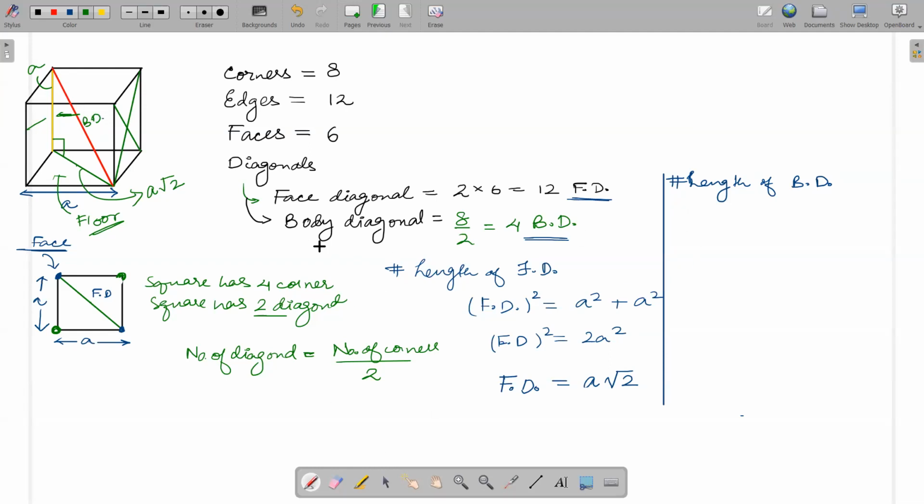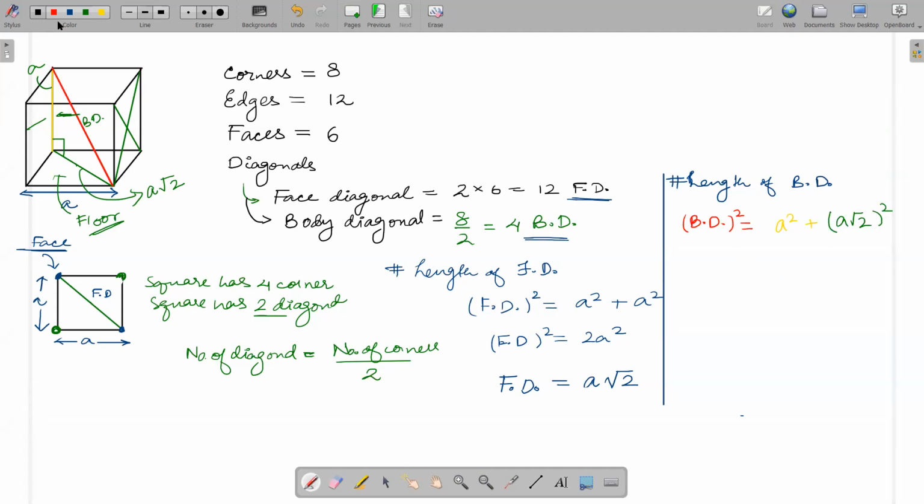Now I'm writing in different colors. So BD square, BD is red. BD square will be equal to A square plus, in green, A root 2 square.